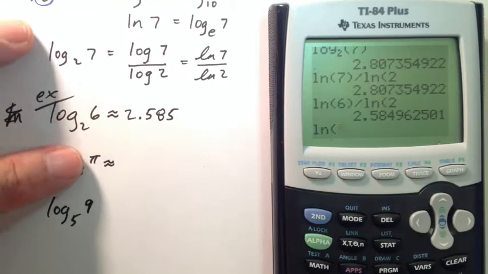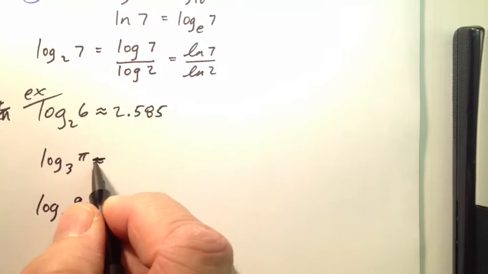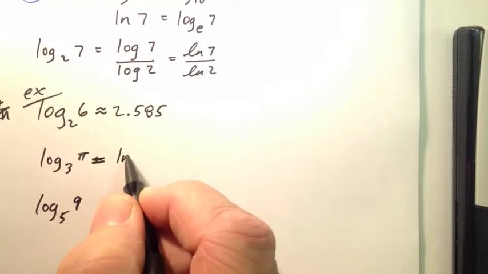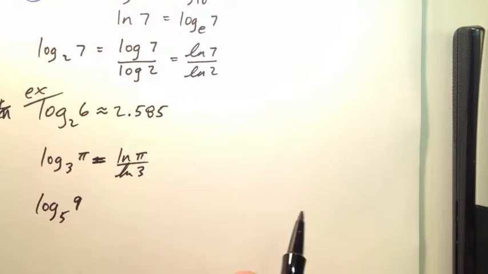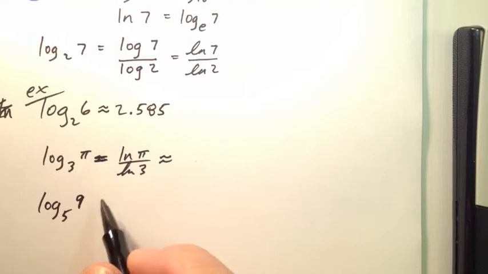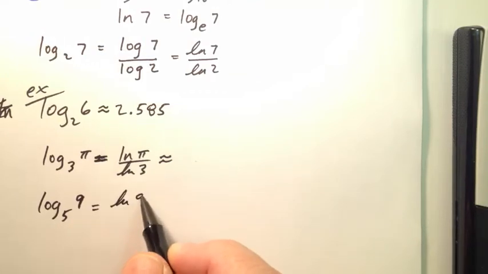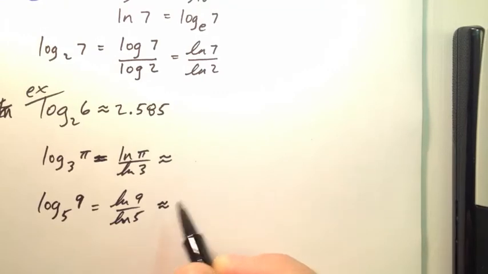ln of, well, let's actually show it so you get used to doing that. ln of pi. I like writing ln because I can write it pretty easily, quicker than the log. Okay, ln of pi over ln of 3, and this is ln of 9 over ln of 5. So that's all you do. Okay.